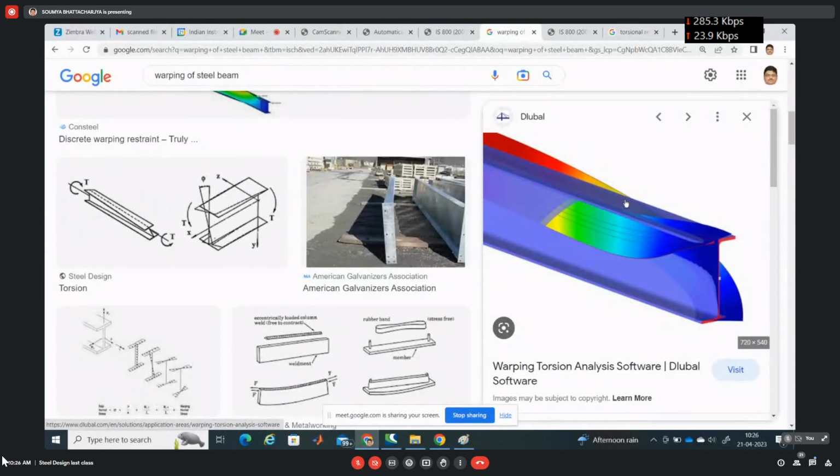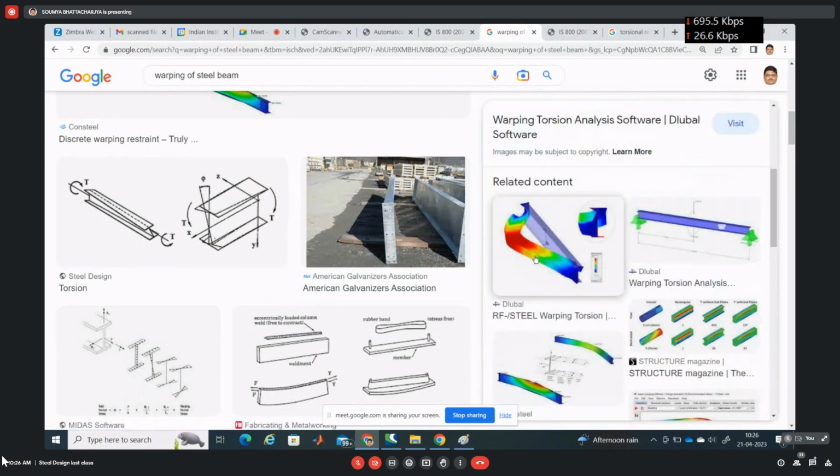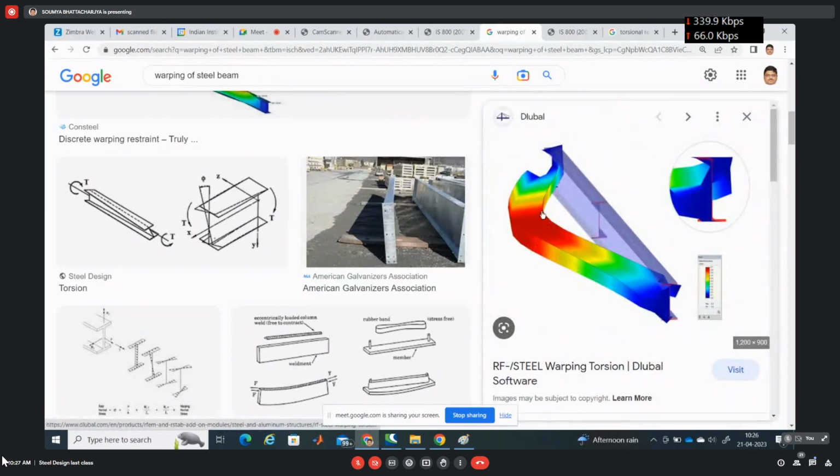Warping means basically the distortion. Plane section remains plane before and after bending, that is our preliminary assumption. But if warping comes, it gets squeezed, it gets distorted. The plane section gets distorted. So in that way, the plane section does not remain plane. You can see this is a further example of warping.